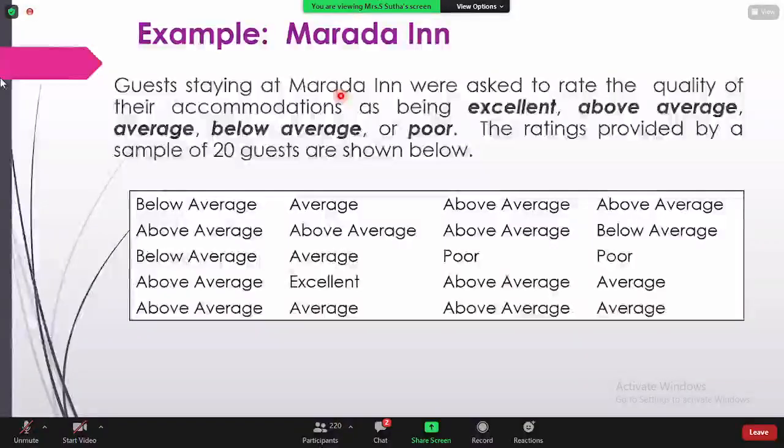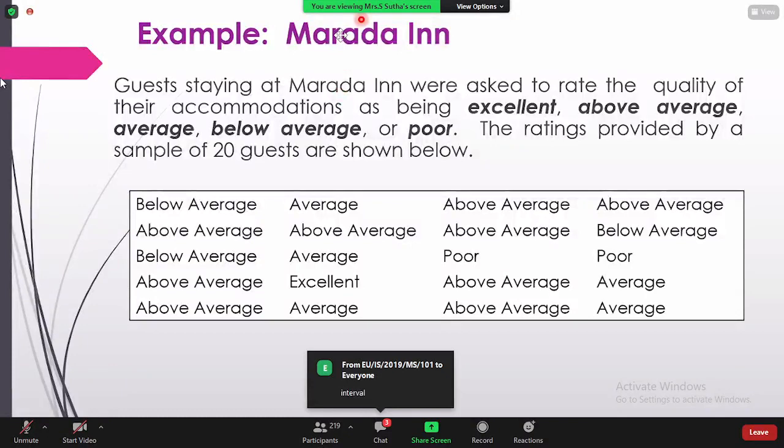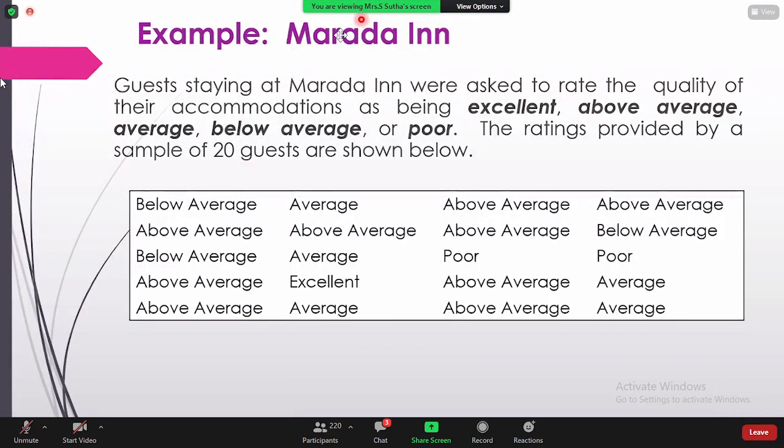So then, what is the level of measurement of this quality? Now, rather than considering interval, when we are looking at rate, it is ordinal, right?